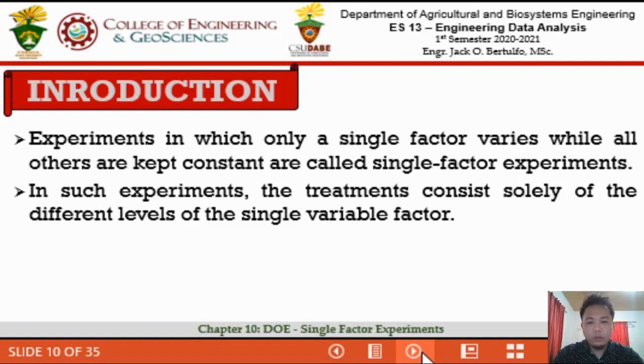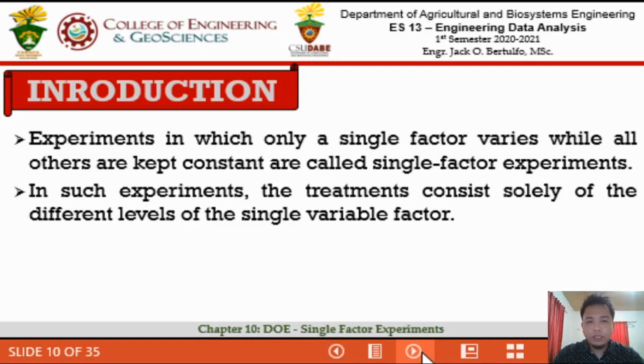If you hold one factor constant, let's say I will not use the plant height but only the number of tillers. Actually, let's use fertilizer instead. So we control the amount of fertilizer.